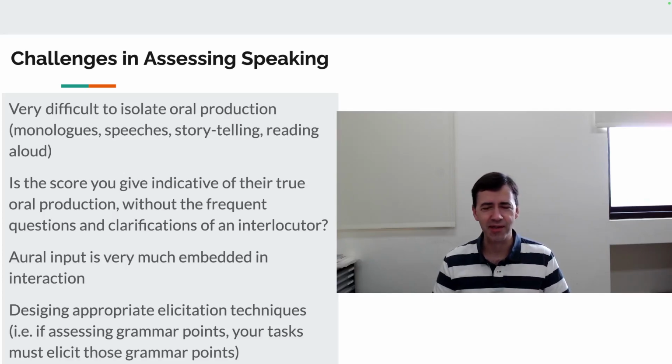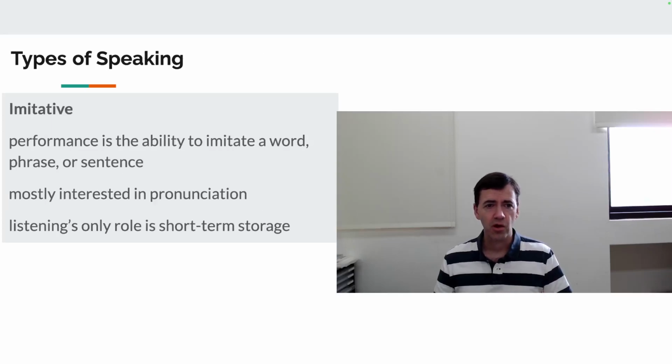It's really inauthentic to plan speech that way. You speak whatever comes to your mind. So if you're trying to assess on grammar points, you need to design a task that really elicits those grammar points without any chance for the student to skip it and still be successful. This is a challenge.